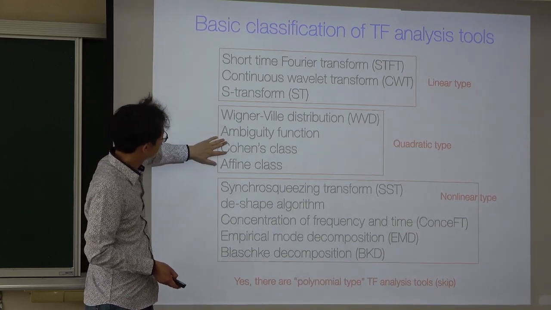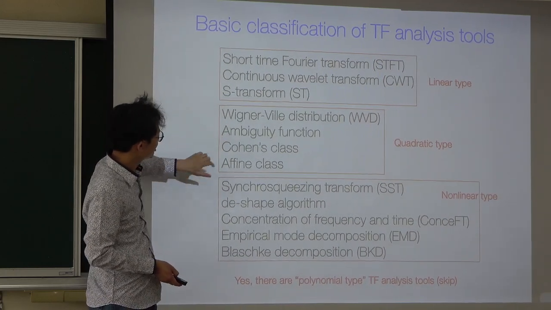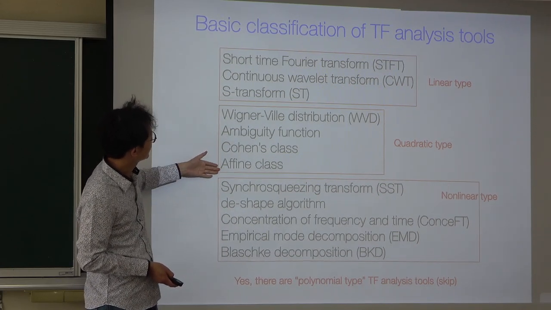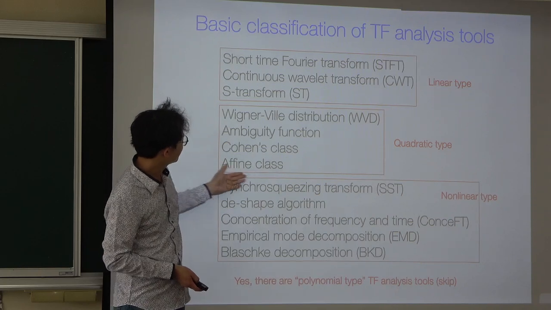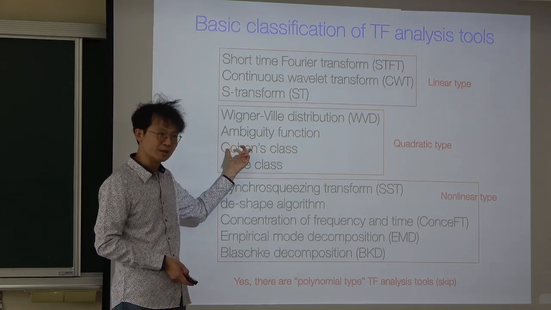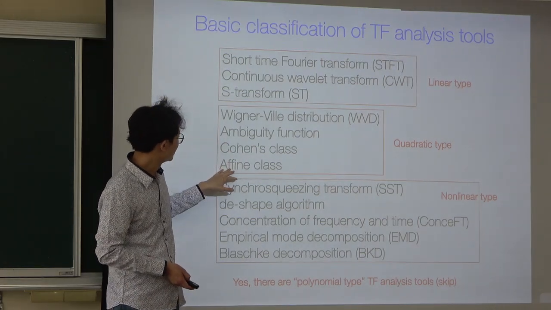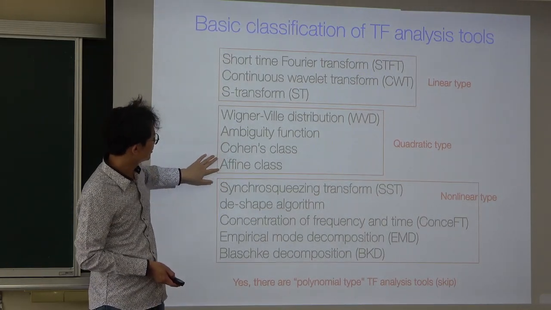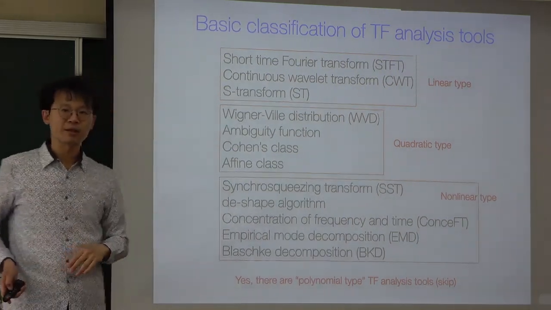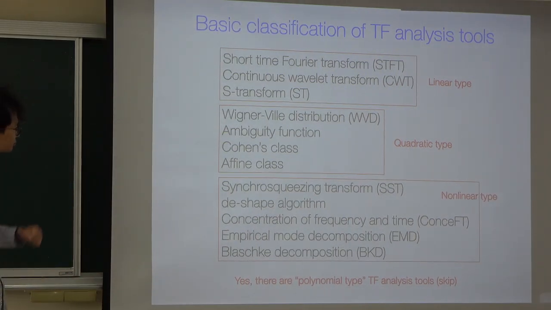There is another type of modification called affine class, which can be viewed as different geometric types in the time frequency domain compared with Cohen's class. But we will not go to affine class. If you are interested, you can go to the textbooks. We will focus on Cohen's class today, and maybe in this whole lecture.